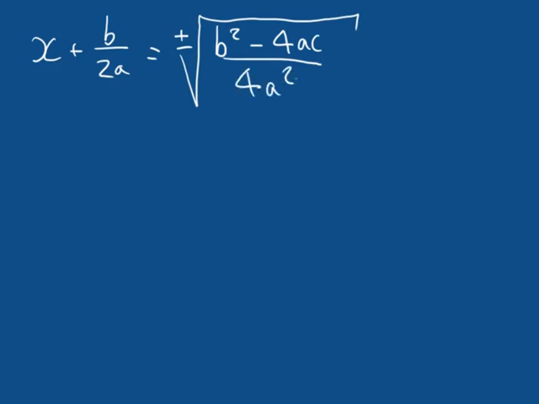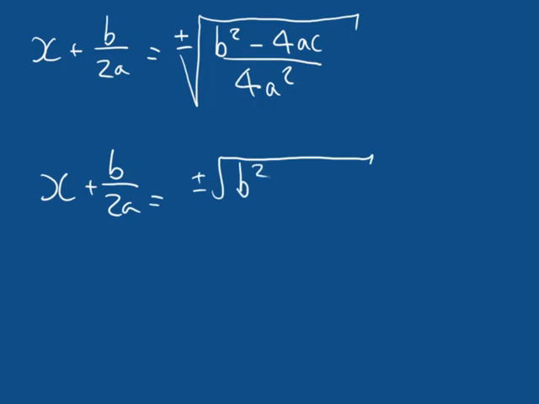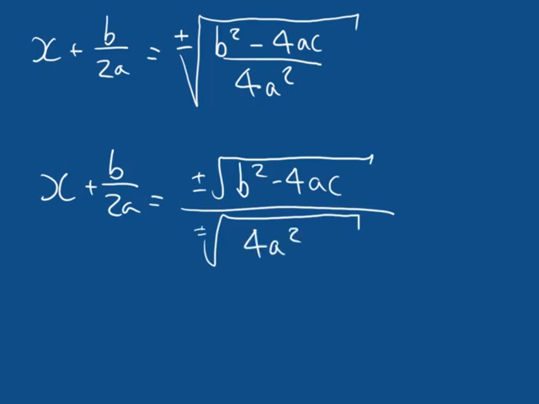Now there's another theory here that relates to when you're taking the square root of a fraction, and that theory allows us to rewrite this as x plus b over 2a is equal to plus or minus the root of b squared minus 4ac divided by the root of 4a squared.